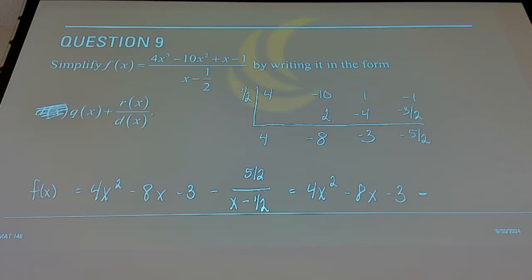Multiply numerator and denominator by the LCD, which in this case is 2. In the case I had written above, it'd be 6. That'll clear out the fractions. 5 halves times 2.